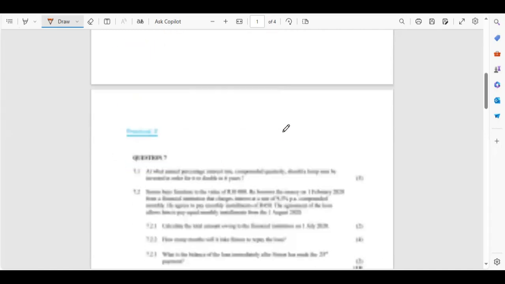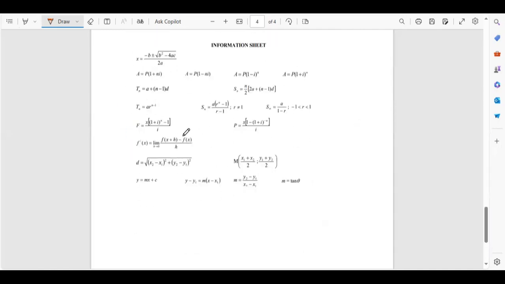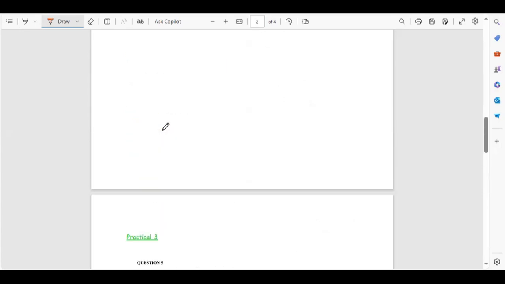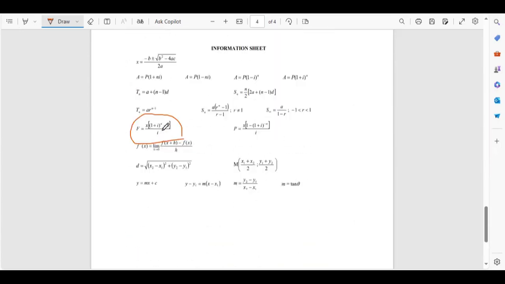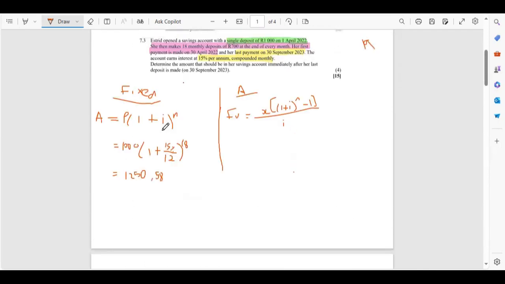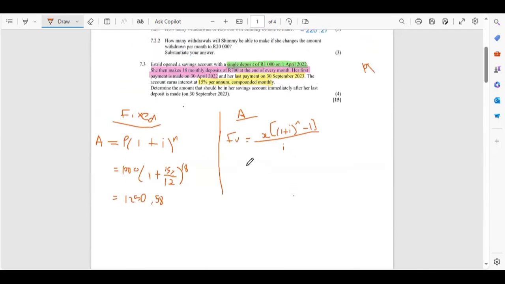Let me just confirm this, because I think I have a formula sheet here. Okay, here's the formula. 1 plus i to the power n minus 1. Yeah, I think this is correct. All right, now let's substitute what we have. Our X, which is our payments. The payments were 700 rands per month, so my X is going to be equal to 700 rands.